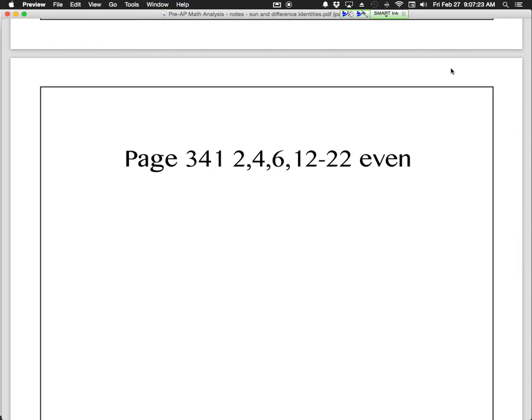Alright, page 341, 246, 12 through 22, and I'm going to change number 2 actually, because I don't like it. So don't do 2. I'm going to give you a different one to put in 2's place.